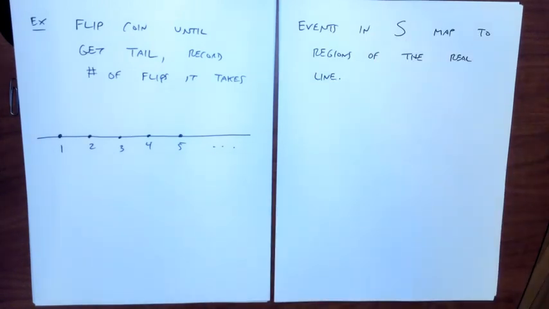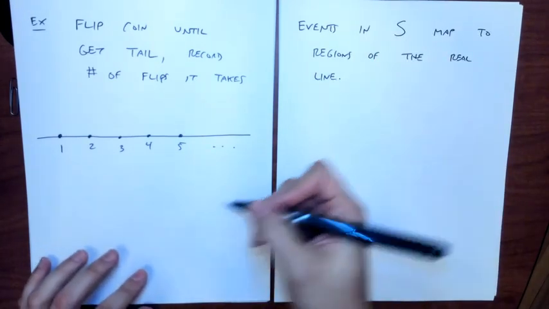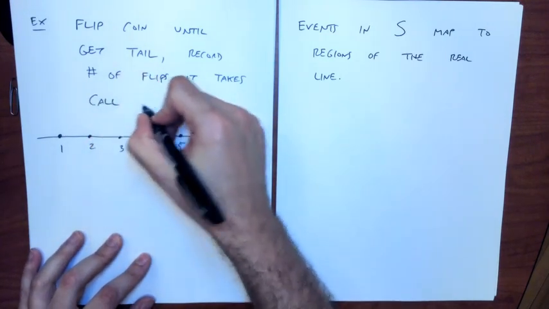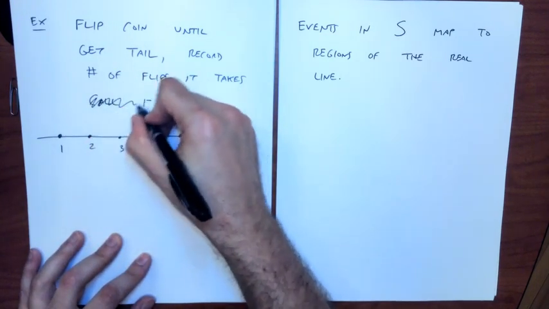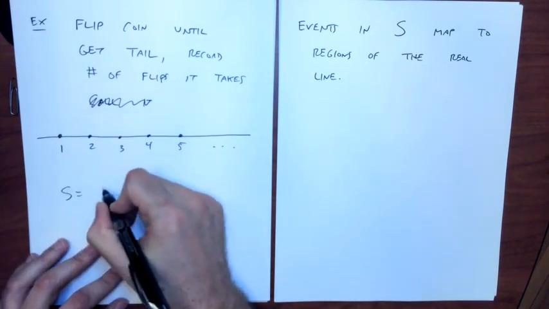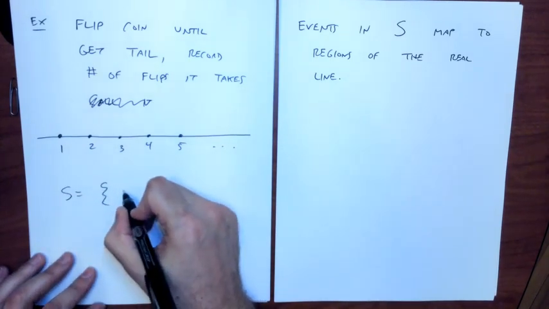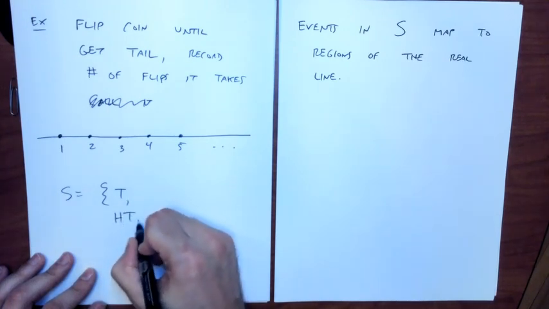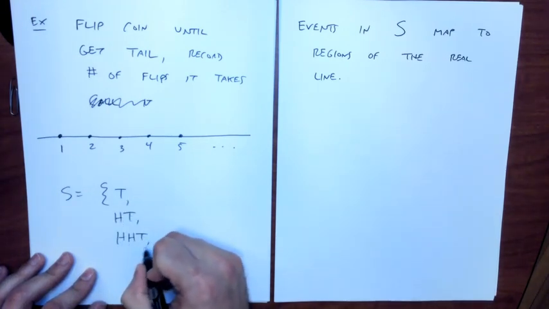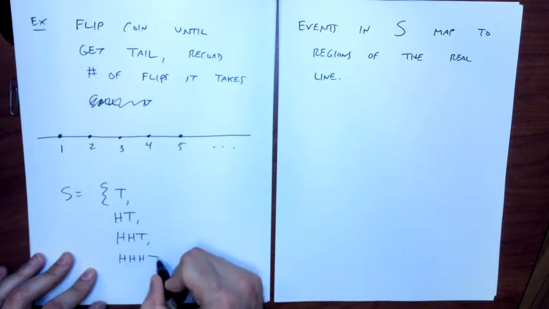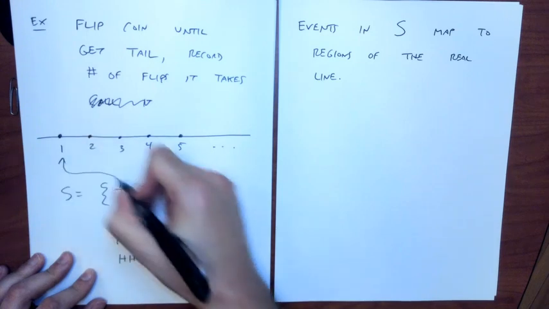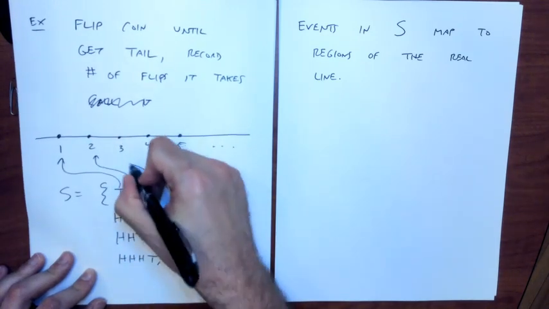So for example, if this is my random variable, let's say my sample space here is a tail and then I stop, or head and then tail, or head, head, tail, and so on, right? So this is the raw sample space, and then this gets mapped to here, and this gets mapped to here, and so on, right?